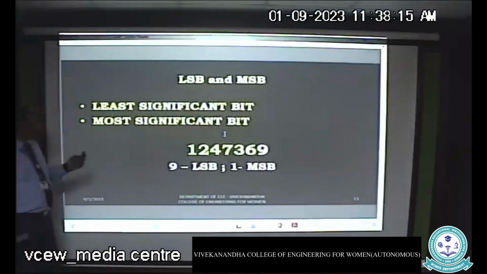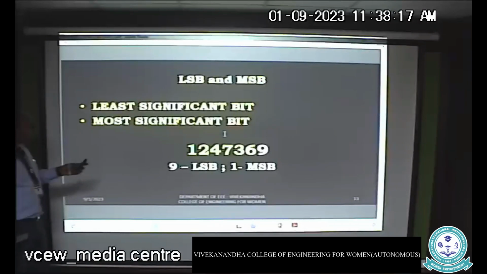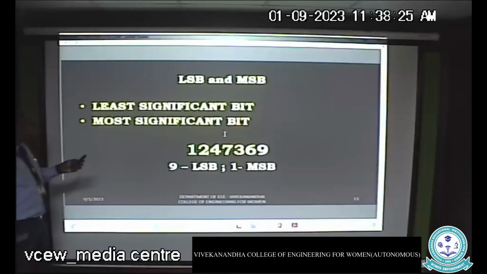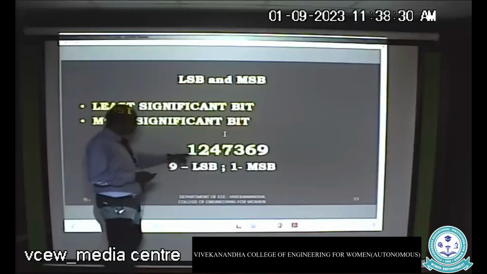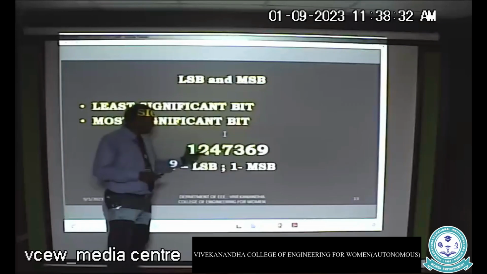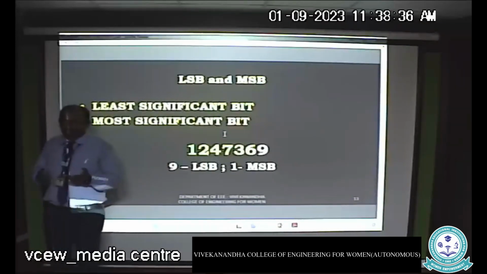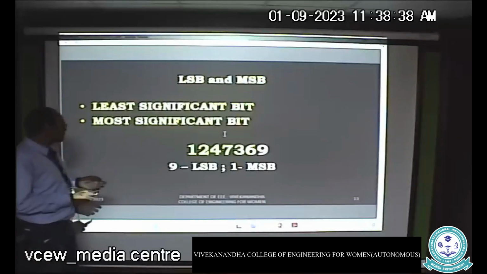Before that, I just want to tell you the concept of least significant bit and most significant bit, MSB and LSB, right? For example, you have this digit here, 1247369. Very long digit, right? How to identify the least significant bit and the most significant bit?